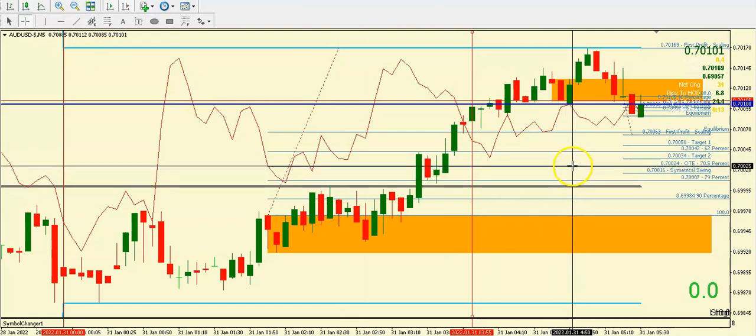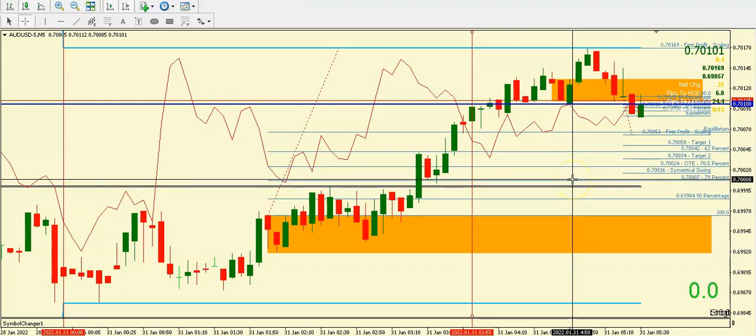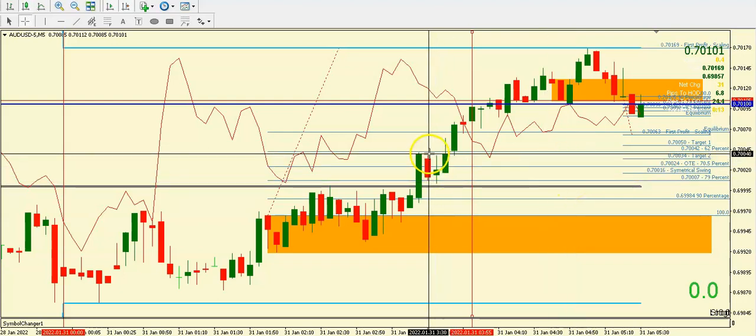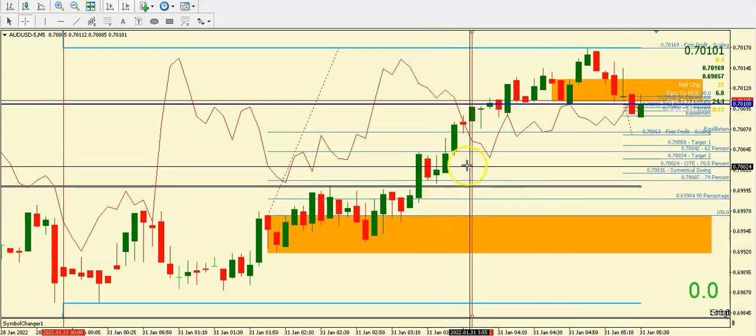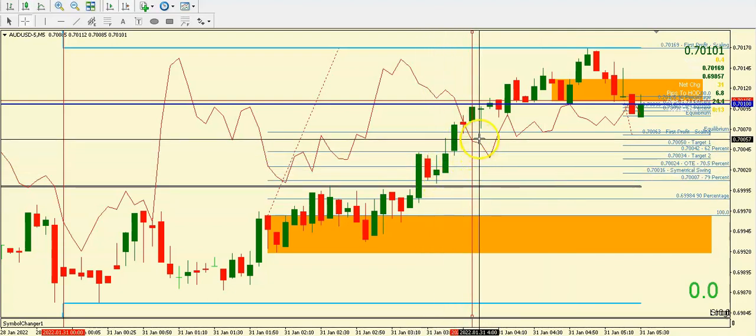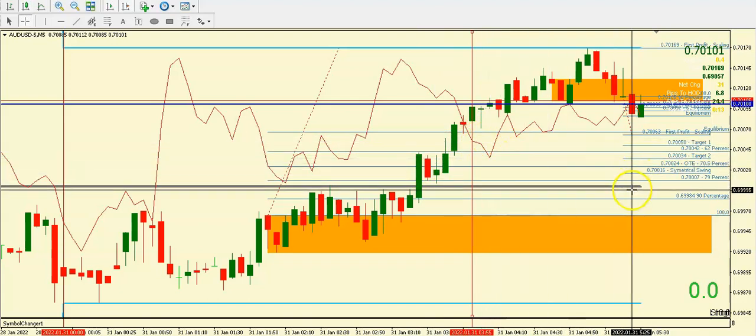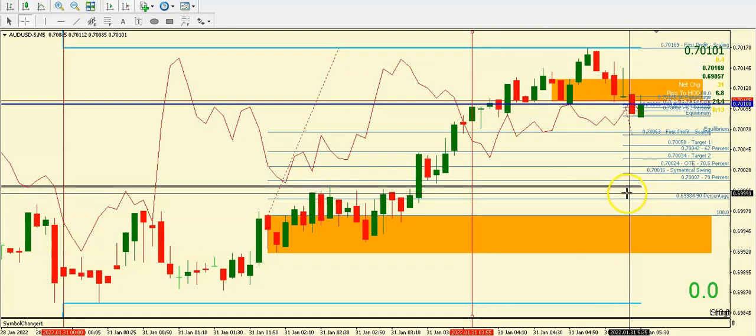is here, 79% is here, and we have this order block sitting right here. It is possible for it to return all the way down to here.